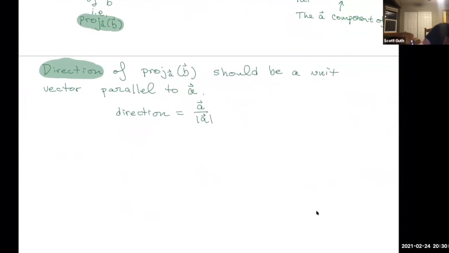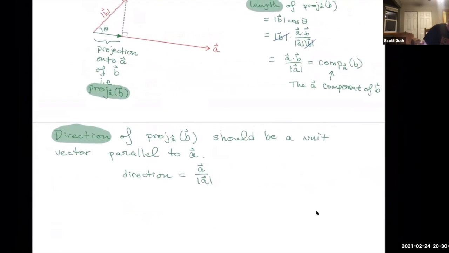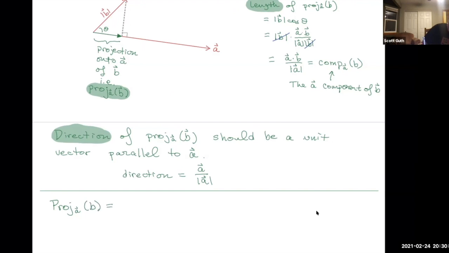So the projection, let me see if I can get this all in here. Okay, so I'm going to draw a line and wrap this up by saying that the projection onto A of B is the length times the direction.